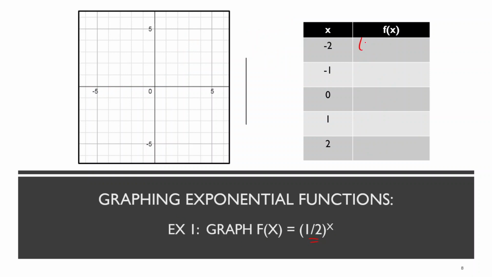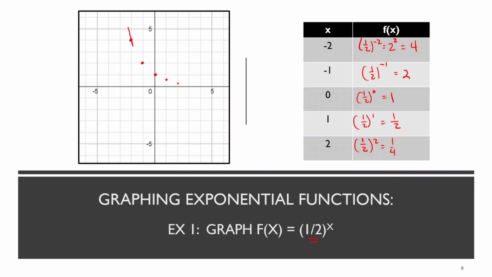Taking 1/2 to the -2 is going to be like 2 squared, so that's 4. 1/2 to the -1 is 2. 1/2 to the 0 is 1. And I can keep going and get these points and plot each of them.